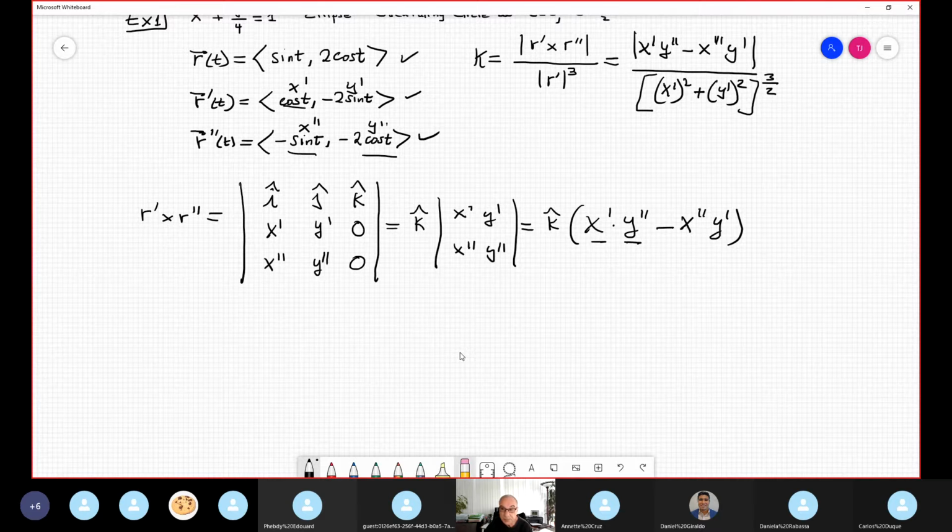Okay. Now, x prime is cosine. Y double prime is minus 2 cosine. The formula has a minus here. X double prime is minus sine, multiplication by y prime.